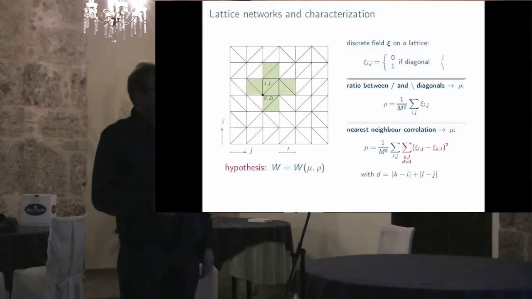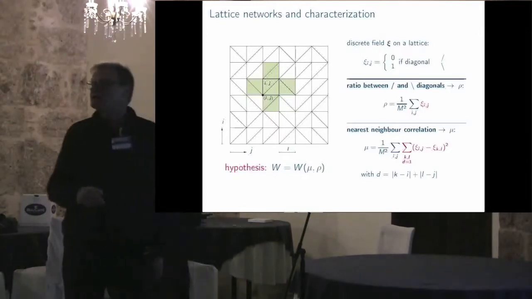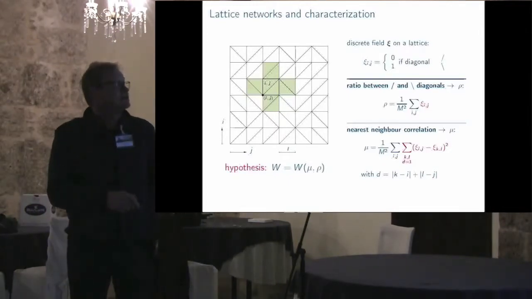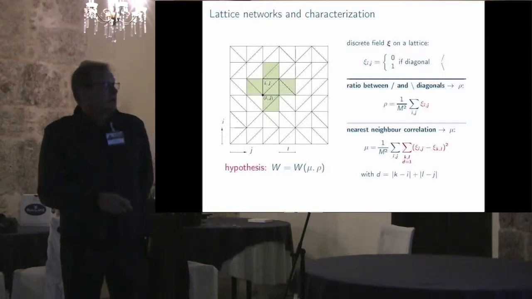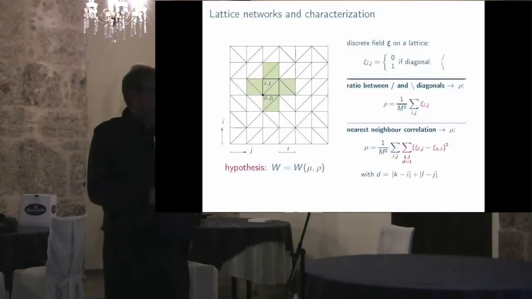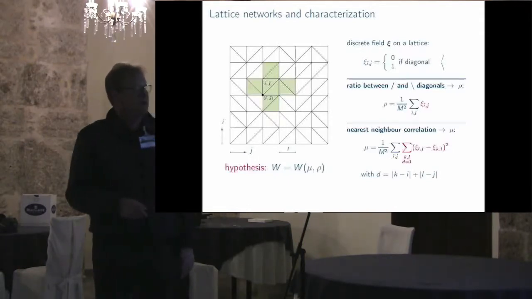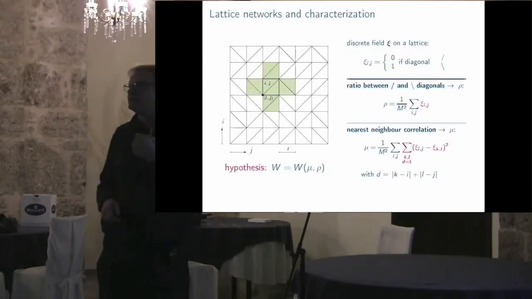It goes as follows. If I pick such a cell with its diagonal, I compare the diagonal of this cell with the diagonals of the nearest neighbor cells. If we find different diagonals, this comparison evaluates to 1. If we find equal diagonals, this comparison evaluates to 0.